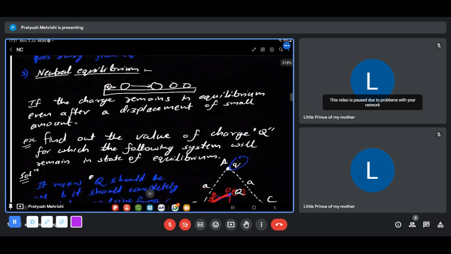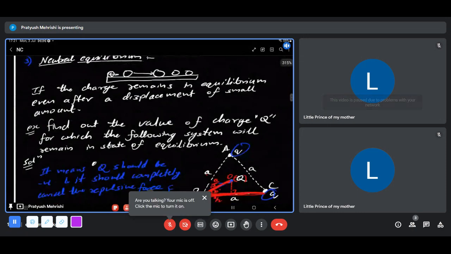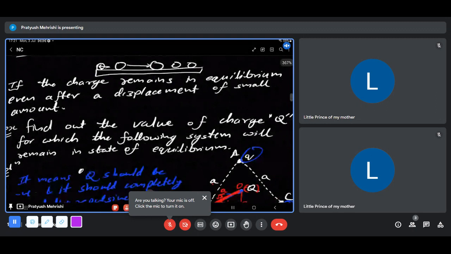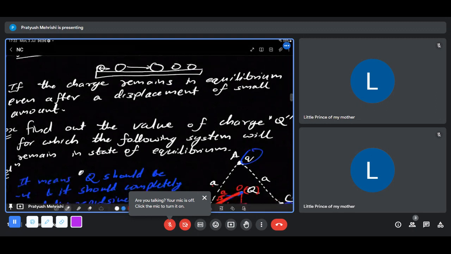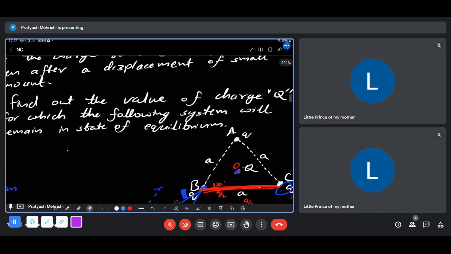Now, the question is: find out the value of charge q for which the following system remains in a state of equilibrium. Try solving it.